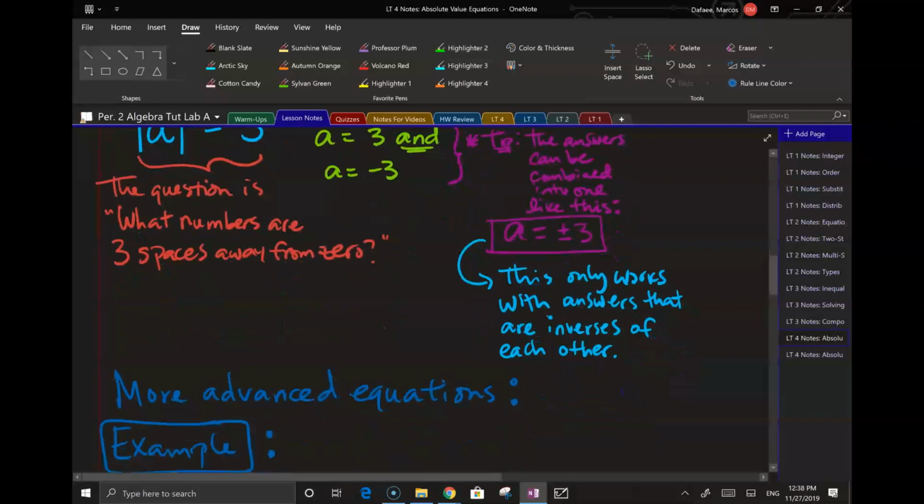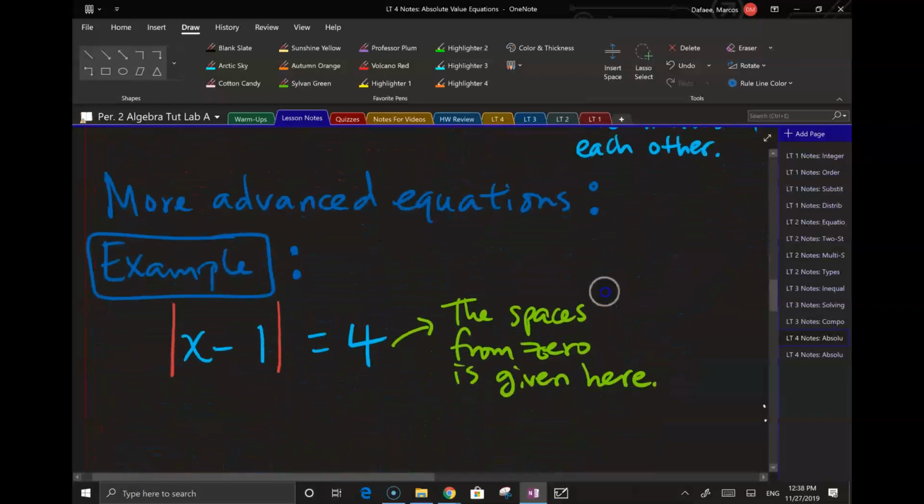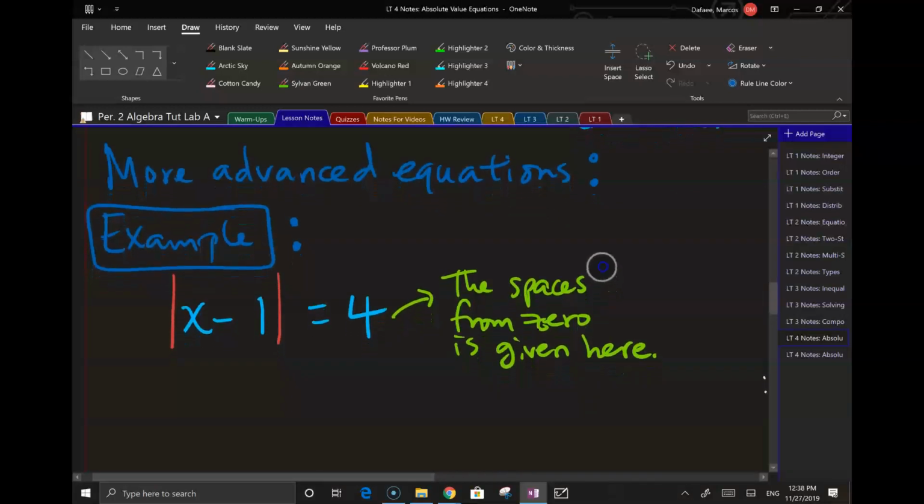Alright, now on to more advanced equations. So in this equation, we are faced with a similar question. The difference is the contents of the absolute value are not limited to just a variable or just a number. So as you can see, inside we have both a variable and a number.